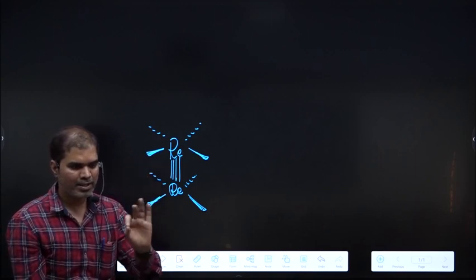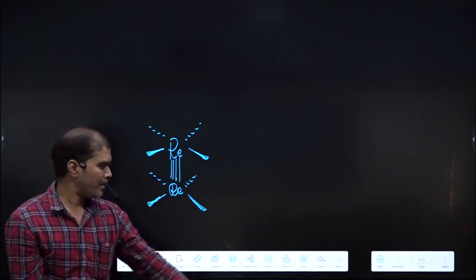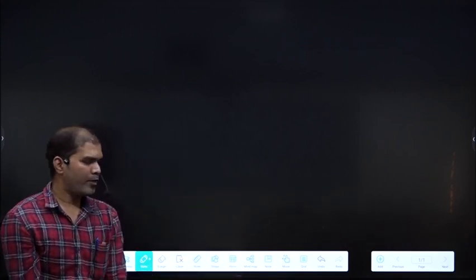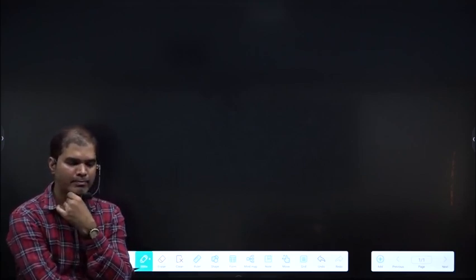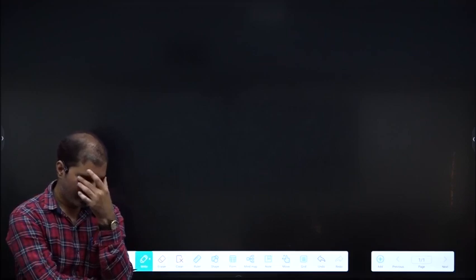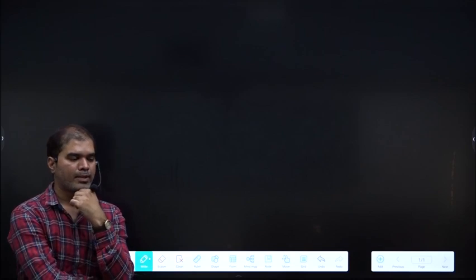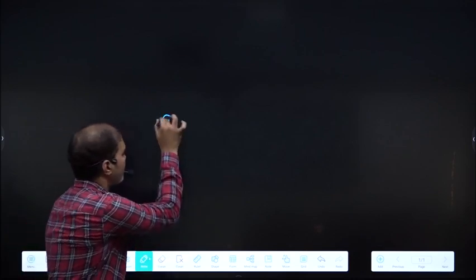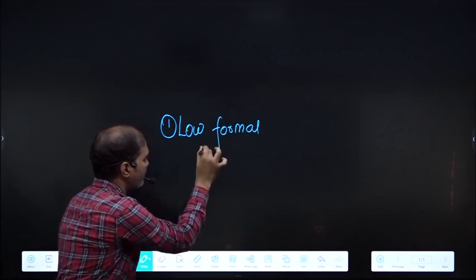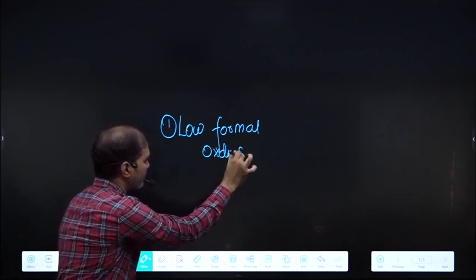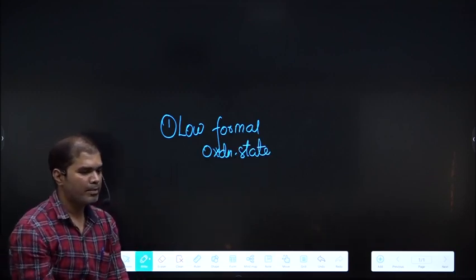Okay. So just write down the simple factors. Factors affecting the cluster formation. First factor, low formal oxidation state.